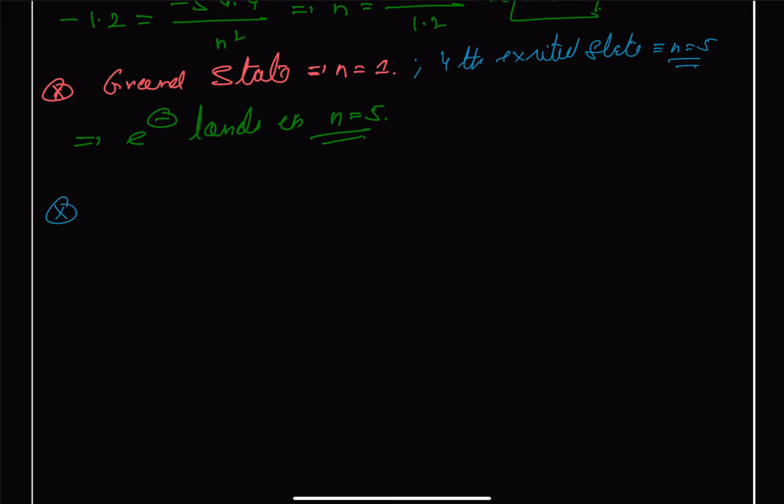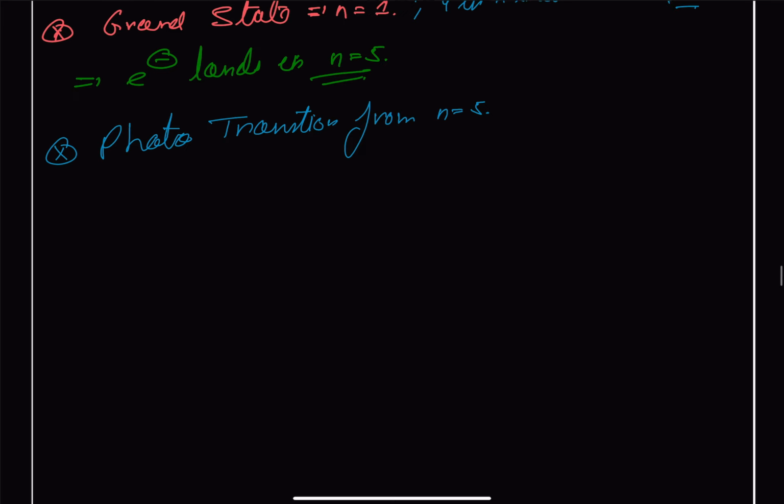You can see the photon transition from n is equal to 5, and the relationship is E is equal to 54.4, and we have this as 1 upon n1 square minus 1 upon n2 square, and this energy is in electron volt.